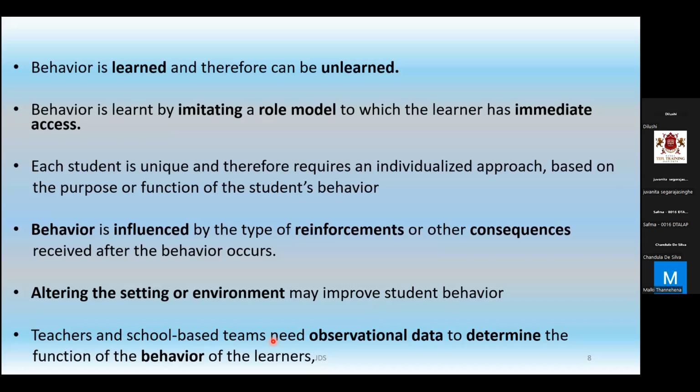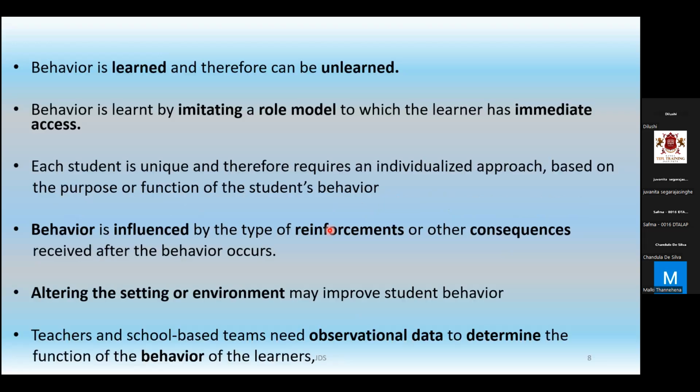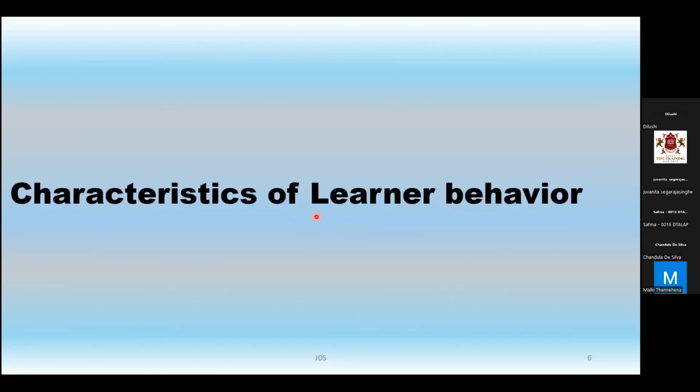In those cases, those deviant behaviors need to be handled based on observational data. So you have to observe the child over a period of time and then determine what needs to be rectified in that learner. Right? Those are some features or characteristics of learner behavior.